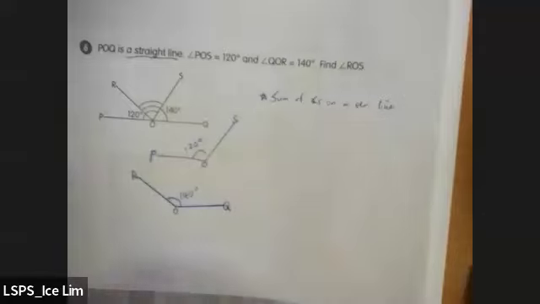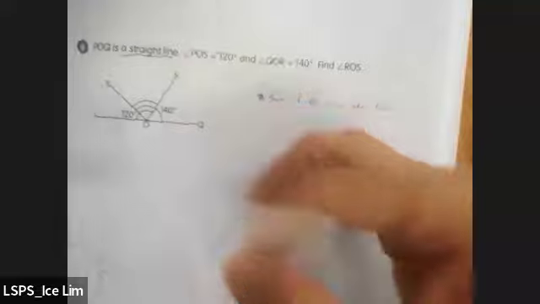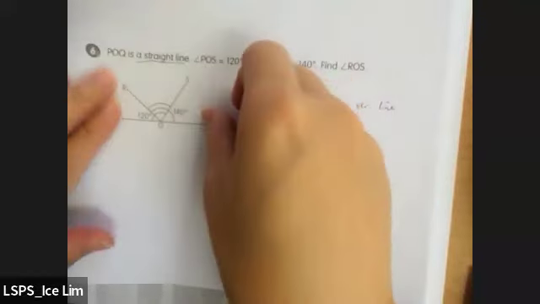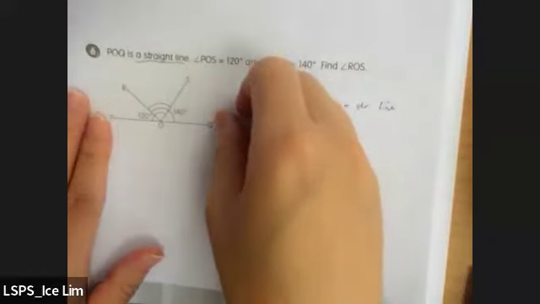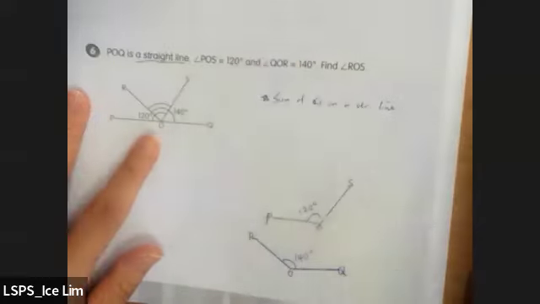Then the last angle we're supposed to find is ROS. How do you get that?